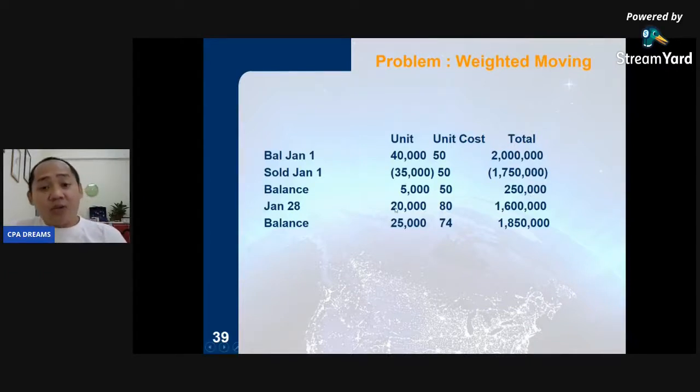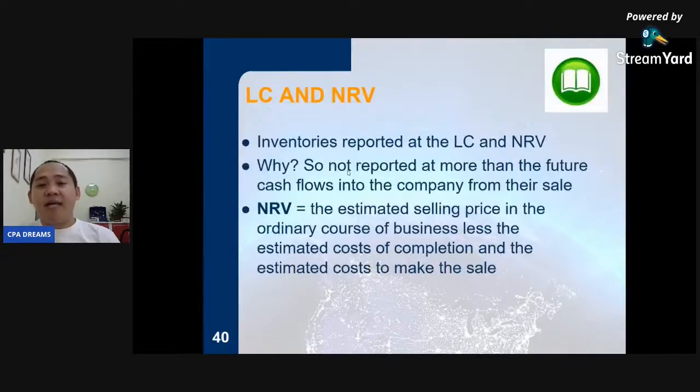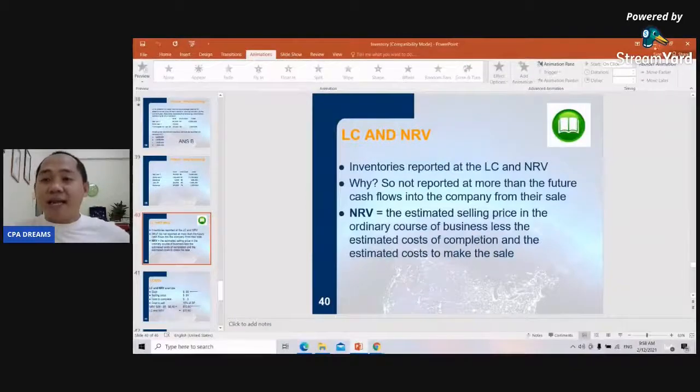Then, meron kang 20,000 units on January 28. Multiply by 80, the unit cost, so 1,600,000. Ang balance mo na is 25,000 by 74, then 1,850,000. So, letter B. Okay? Now, bago ako magpatuloy dito, I want to know, are you still there?